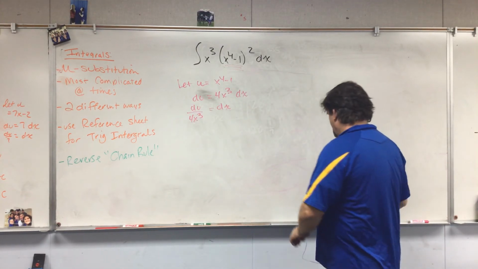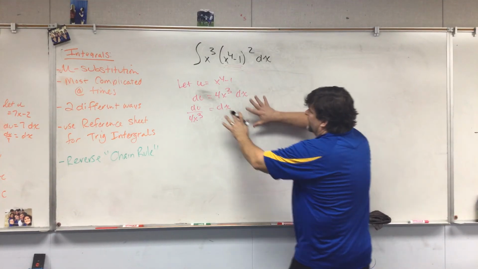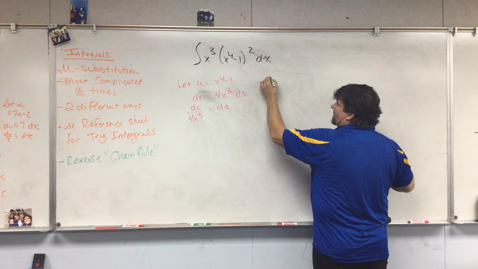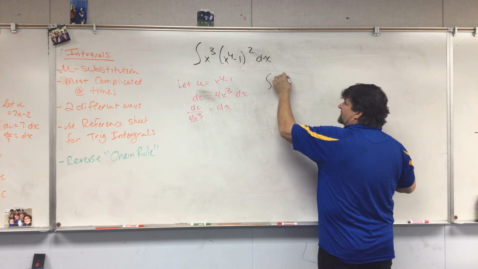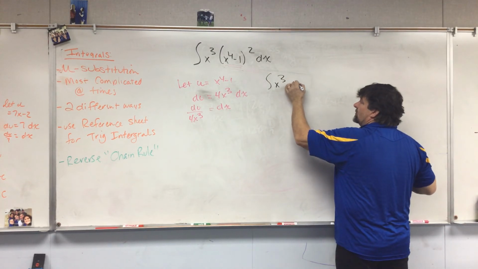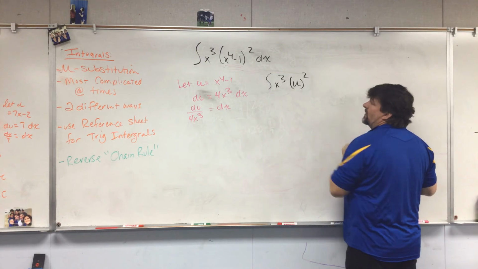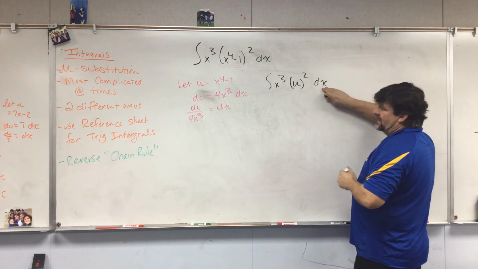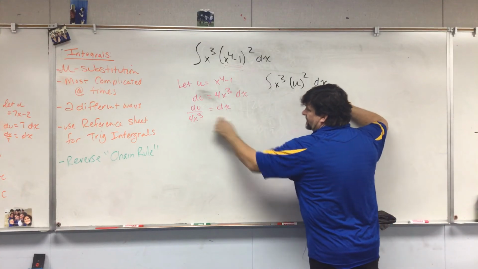So now we're going to take this idea and apply it over here. We're going to have our integral of x cubed u squared dx. What's dx now? Dx is du over 4x cubed here.